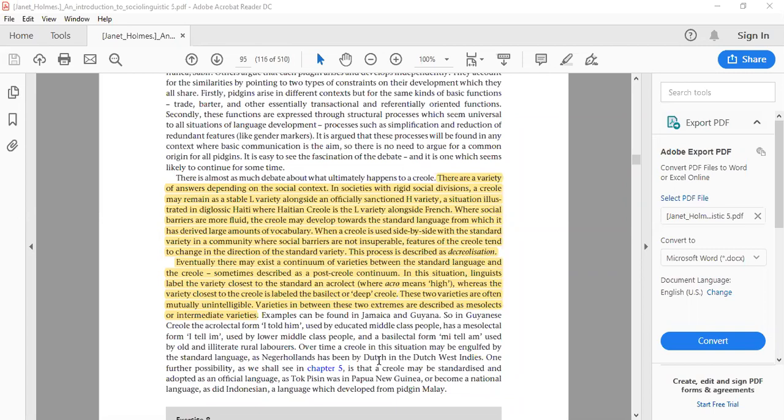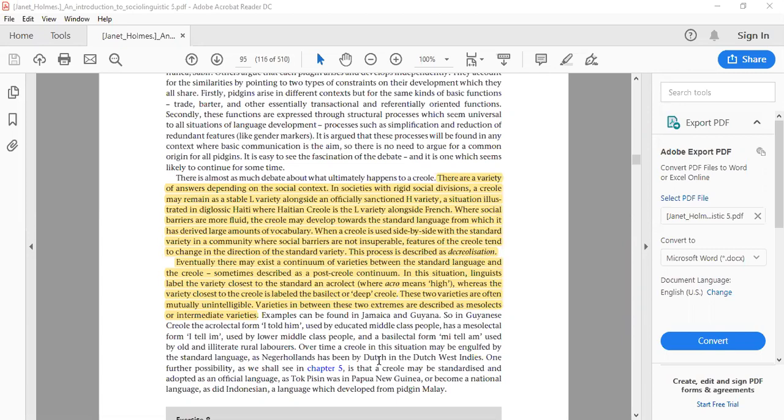For example, let's suppose English is adding things from Creole, and so it's like mixing it up. Then it becomes the basilect, means the deep Creole, because it is more dominant in that region. That is why it is taking more words from that.